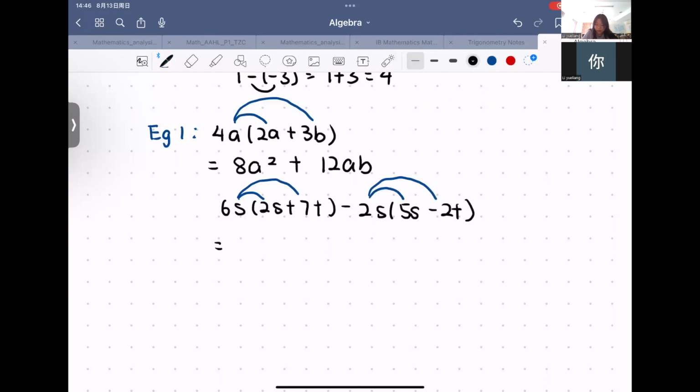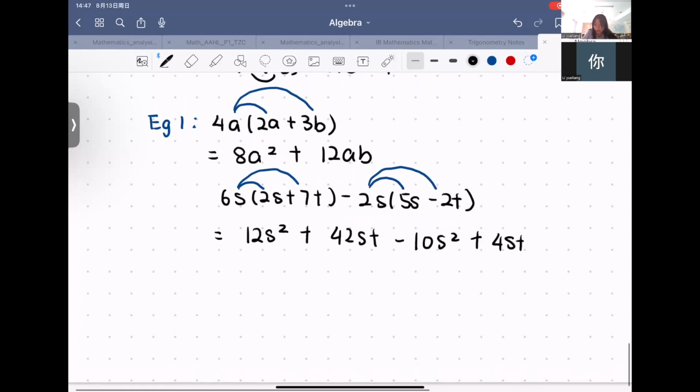So what we have here is 6 times 2 equals 12s squared, because s times s equals s squared. If it's s times s times s, it's going to be s cubed. Now 6s times 7t is going to be 42st, and then negative 2s times 5s is going to be negative 10s squared, and then negative 2s times negative 2t is going to be positive 4st.